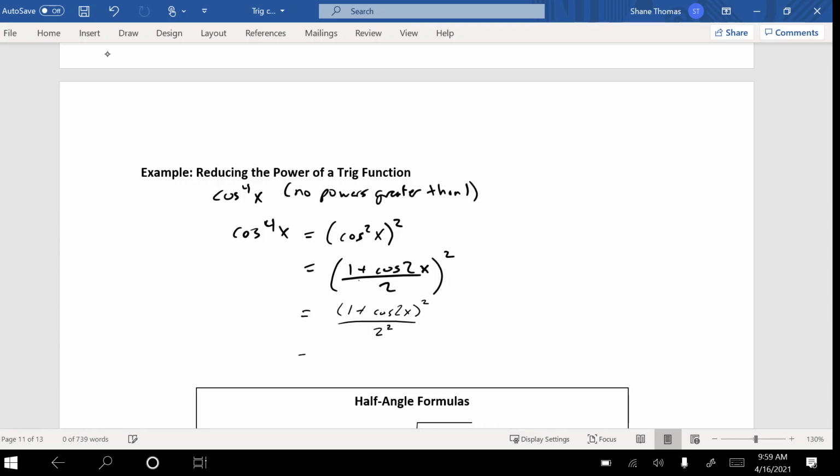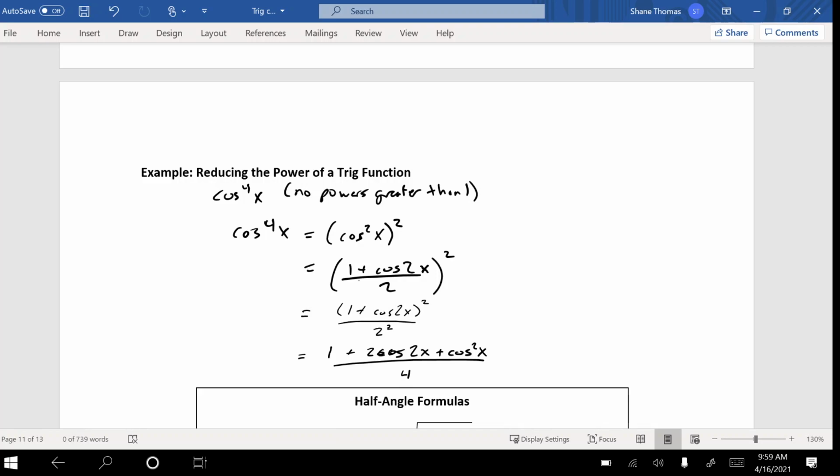If I square the top, I could rewrite this as 2 sets of parentheses and FOIL, or just use the rules for squaring. Square the first term: 1 squared is 1. Multiply the 2 together times 2, so plus 2 cosine 2x, and then square the last term, plus cosine squared of 2x. Now, 2 squared is 4.